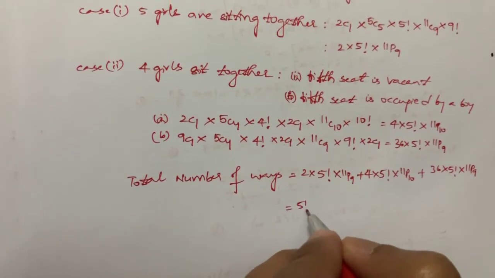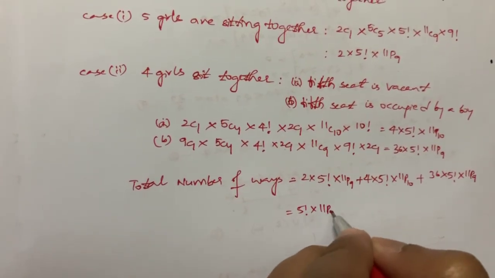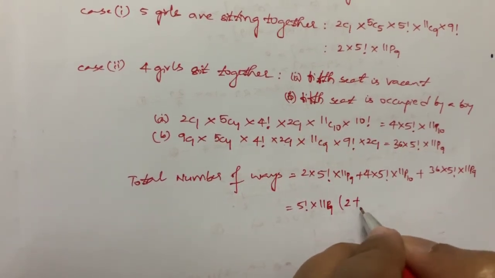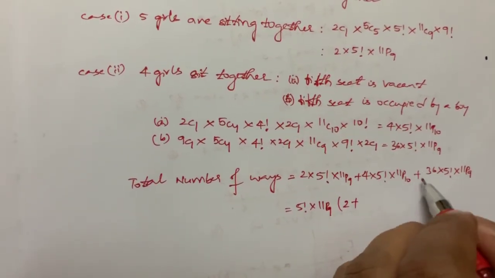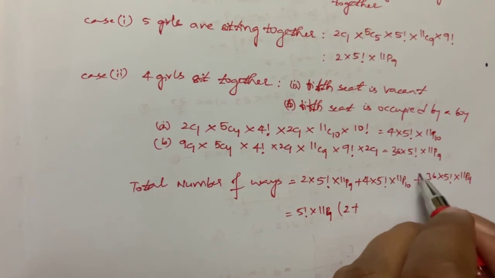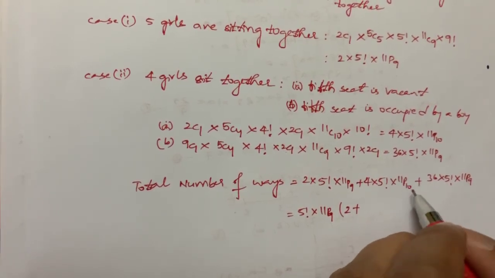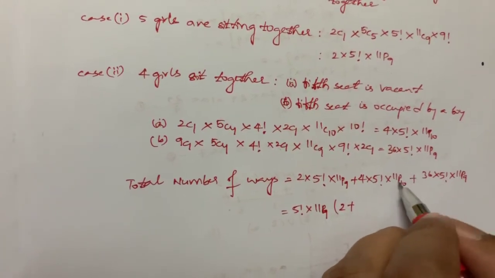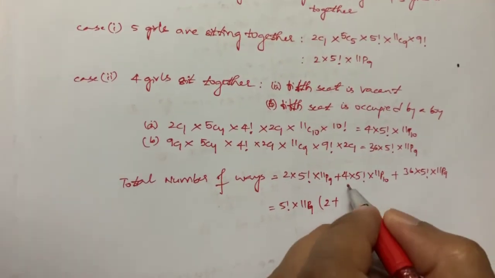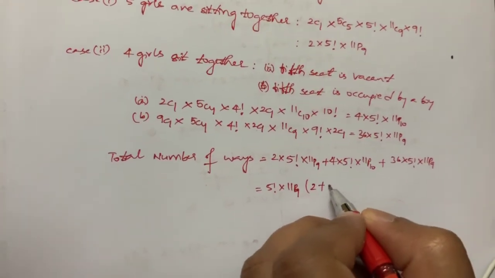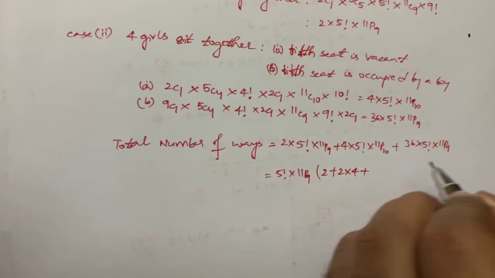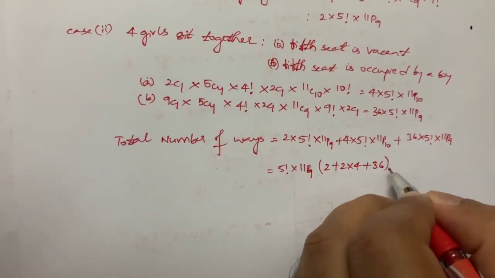So this is 5 factorial into 11P9 into, 11P9 into 2 is 11P10, so 2 into 4, and here there is 36.